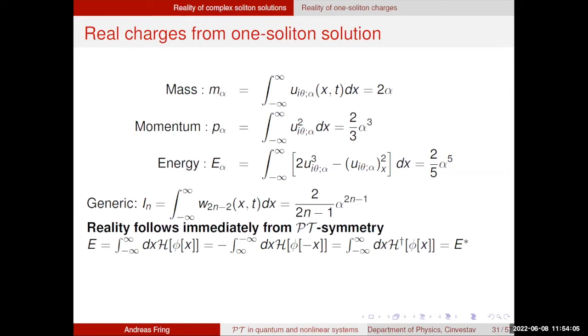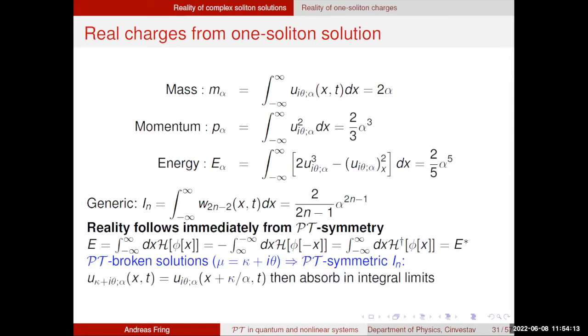So I have an N-soliton solution that has now n parameters. If I take a two-soliton and I break the symmetry, I can absorb one of the shifts in x and one of the shifts in t, and I still can use the fact that it's then PT-symmetric.